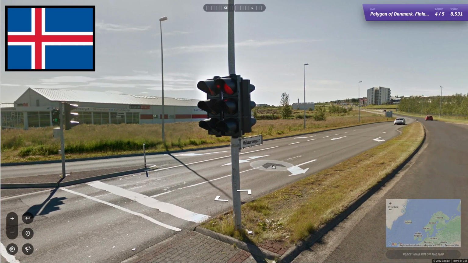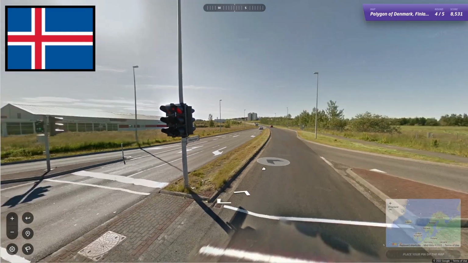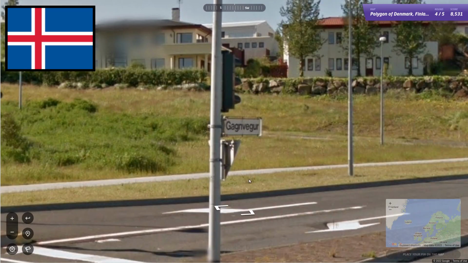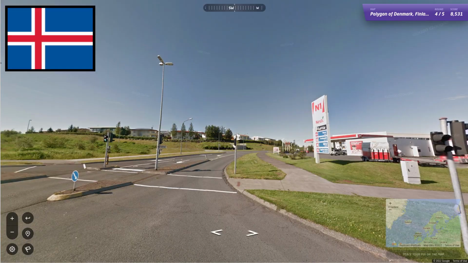And this is of course from Iceland, because this road is Víkurvegur. I'm possibly butchering that, but Vegur is Icelandic for road. Here is another, Gangvegur, and anyway, -ur ending places and names are very common in Iceland.